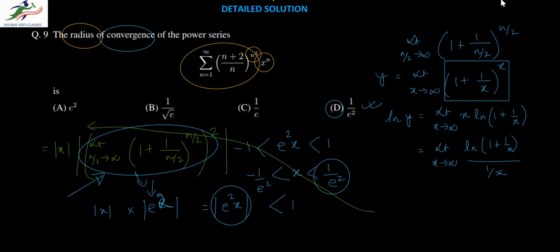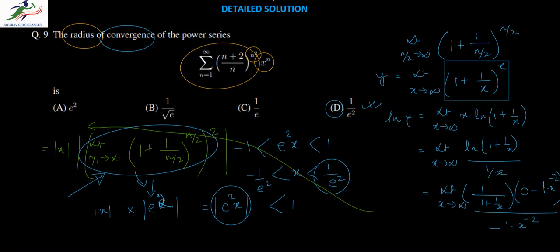So we have to apply L'Hospital's rule, which means that we have to take the differential of the numerator and the denominator. If I take the differential of the numerator, it will be 1 by (1 plus 1 over x) multiplied by 0 minus 1 into x to the power minus 2, and the denominator will be minus 1 into x to the power minus 2.